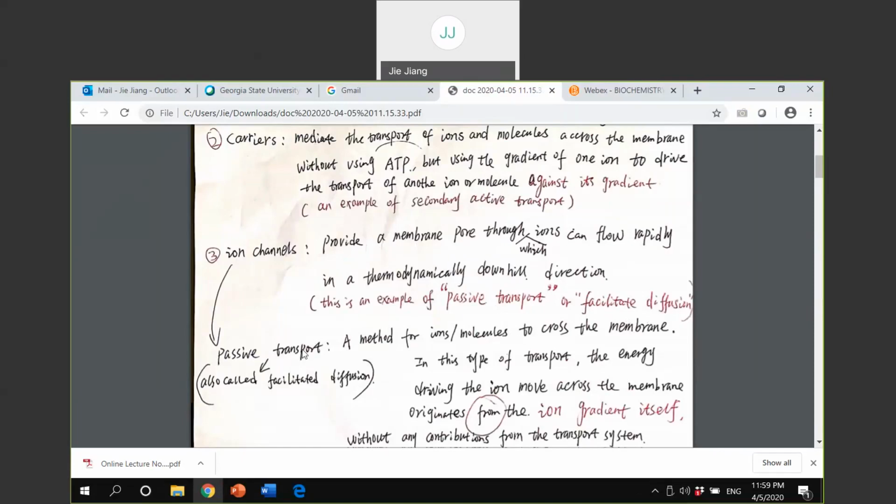So now we introduce the concepts of passive transport and active transport. Passive transport is a method for ions and molecules to cross the membrane. In this type of transport, the energy driving the ion movement across the membrane originates from the ion gradient itself, and it is passive transport.